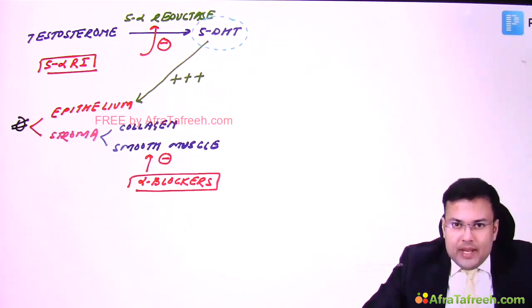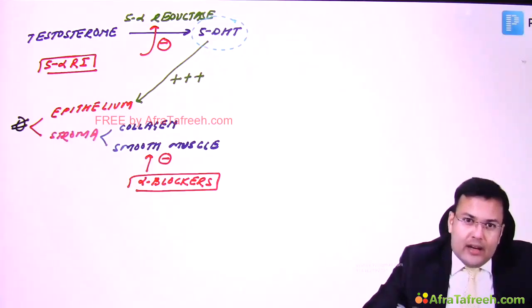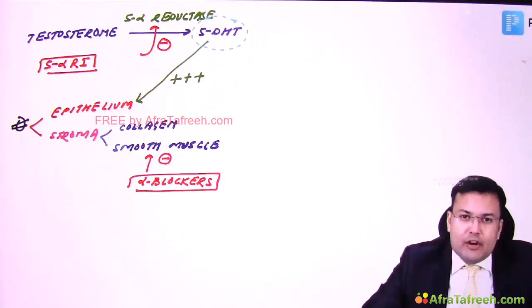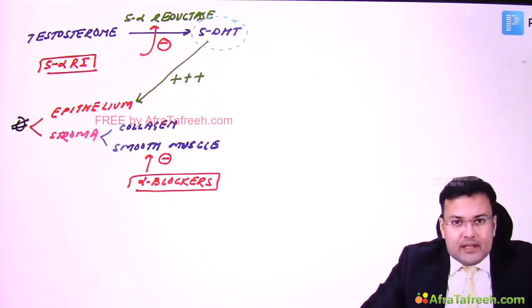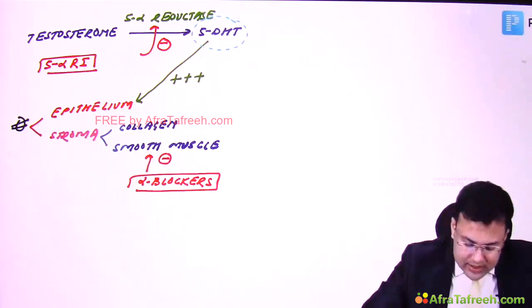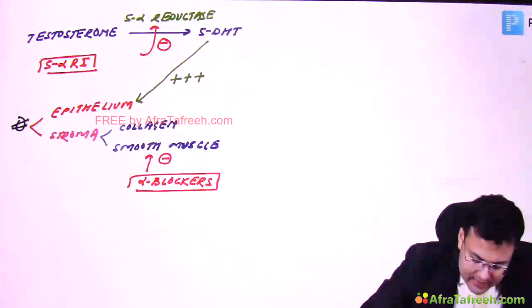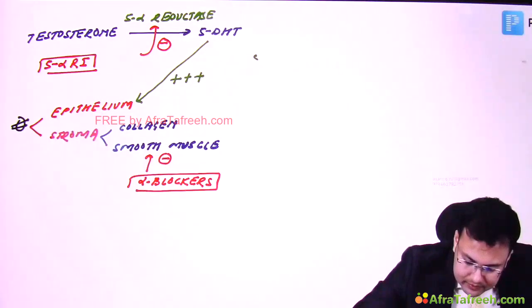It means the minimum time required to act is 1 month for 5-alpha reductase inhibitors, and maximum effect is seen after 6 months. This is one of the biggest disadvantages. So what is the problem with 5-alpha reductase inhibitors?